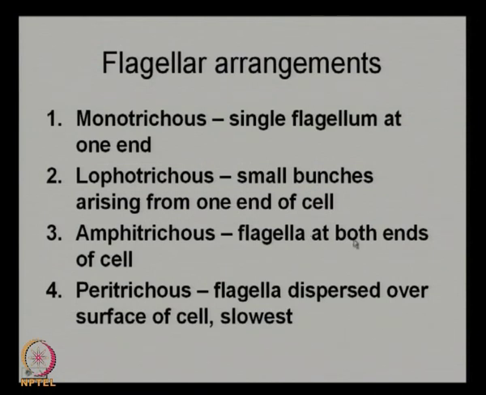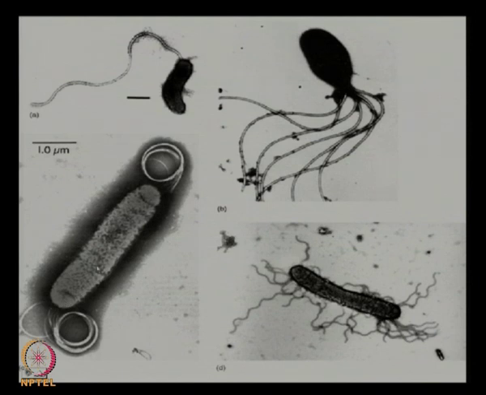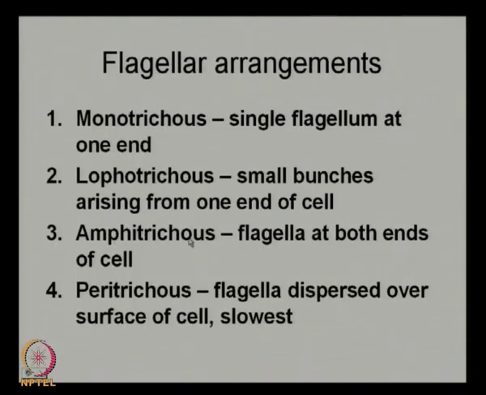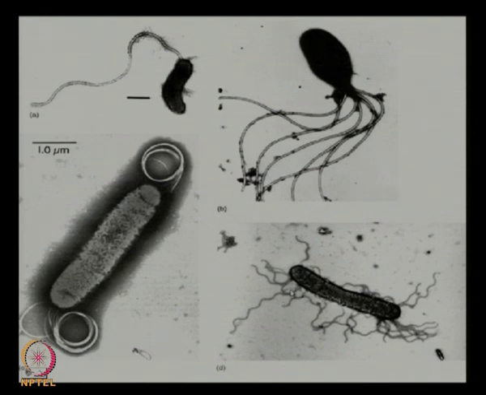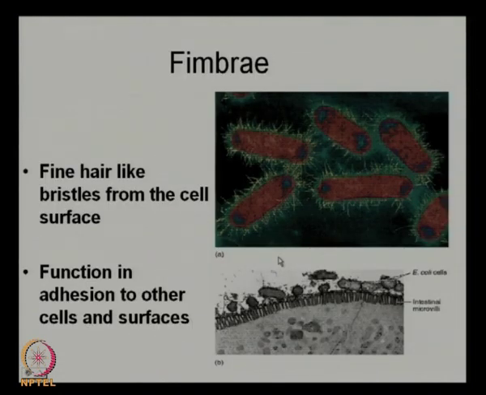When flagella are present at both ends of the cell, it is called amphitrichous, and when the flagella are uniformly distributed throughout the bacterial cell, it is called peritrichous arrangement. So this way the flagellar arrangements are there. What is the main function of this flagella? Mainly it helps in locomotion of the bacterial cell.